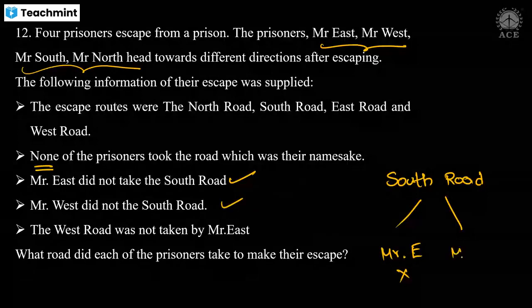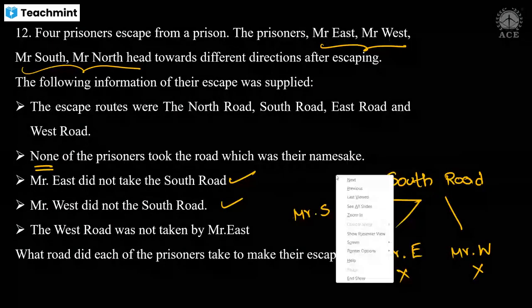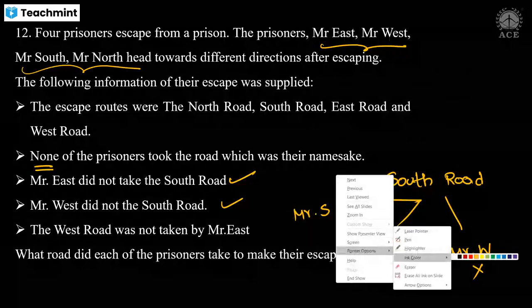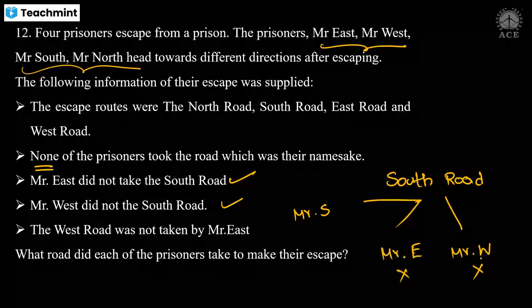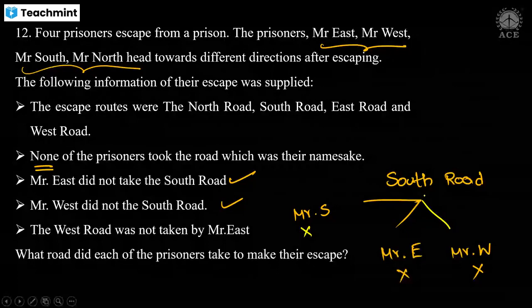And we know Mr. South also does not follow the south road, because the person having the name South doesn't go on the south road. That's the first condition. When East is not possible, West not possible, South not possible, the south road is taken by which person?